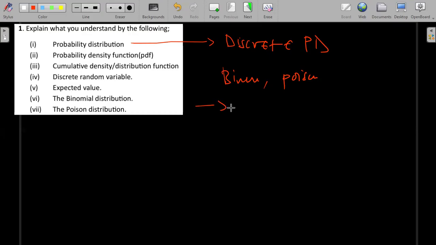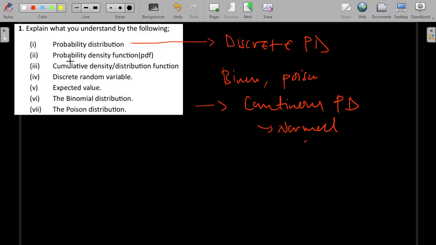And then the other one is the continuous probability distribution. This continuous probability distribution is for uncountable outcomes. For example, we have the normal distribution. So that's what we can say on the probability distribution.